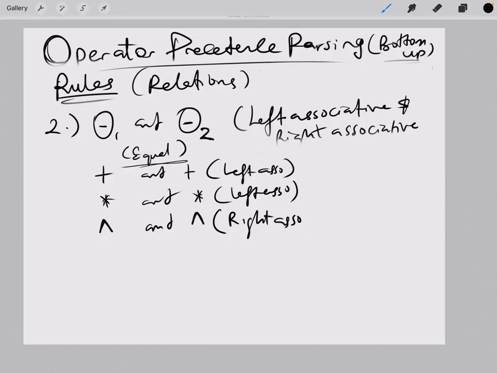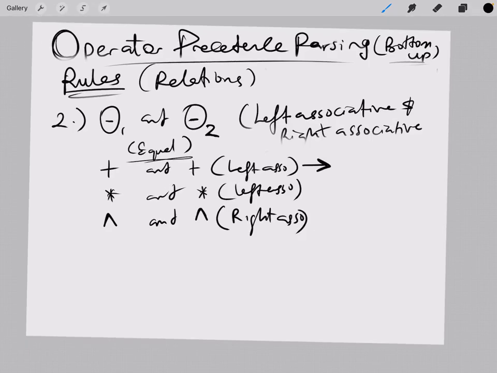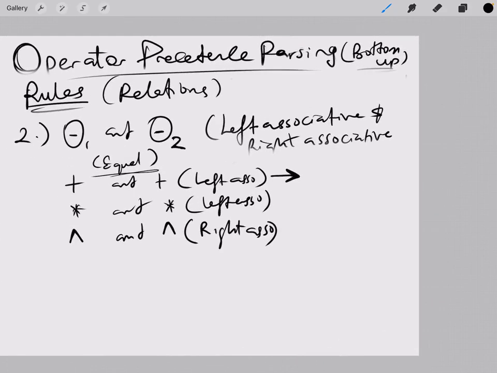So because of that, the way they take precedence over themselves or yield precedence is important. For the left associative, this guy takes precedence over this guy in the case where this guy comes first, or this guy takes precedence over this guy when it comes first. That's for left associative.